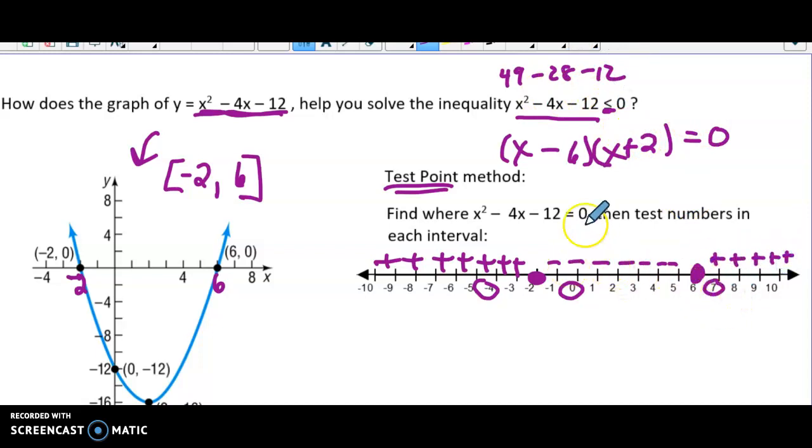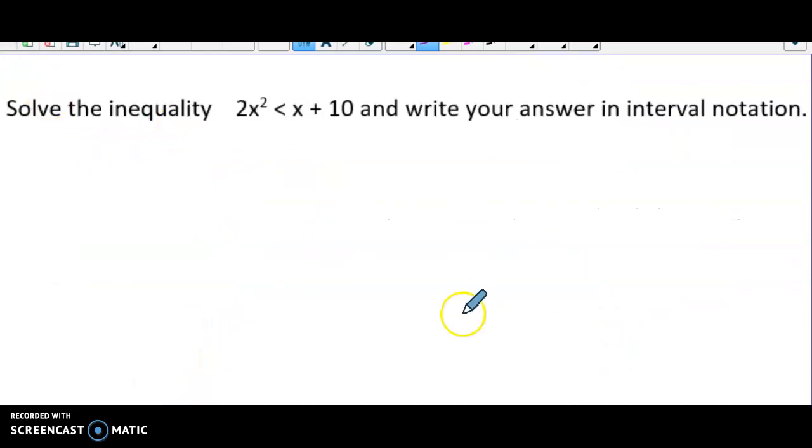Okay, so I can see, since the question was, where am I less than or equal to 0? Right here, where I got negatives. You just have to test one number. All right, so I got from negative 2 to 6. Well, I got that just from looking at the graph. Way easier and quicker.